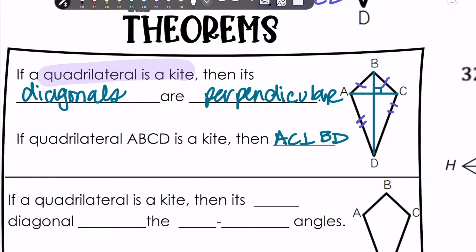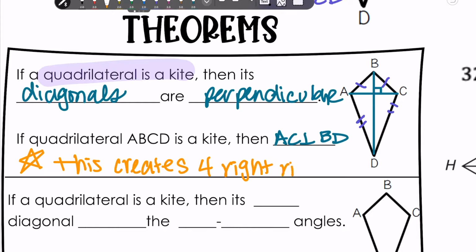And by the way, super big hint that you're going to need. This creates 4 right triangles. If you don't see it, I'm going to show you really quickly.